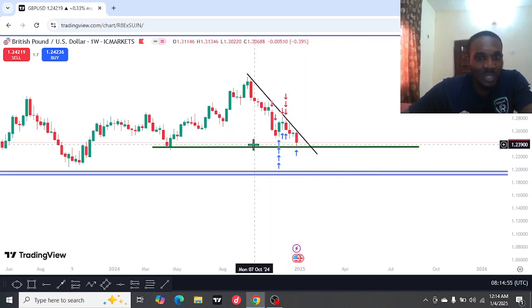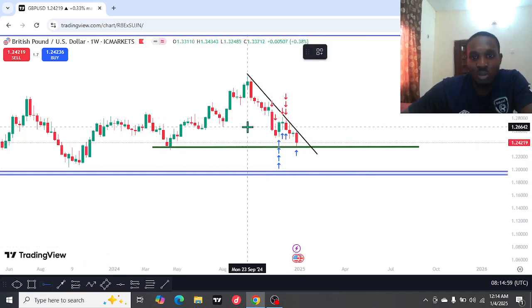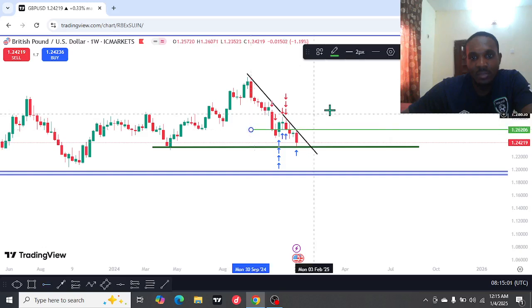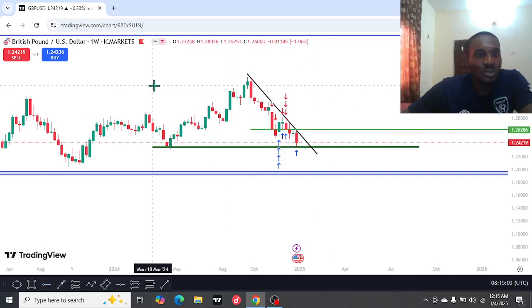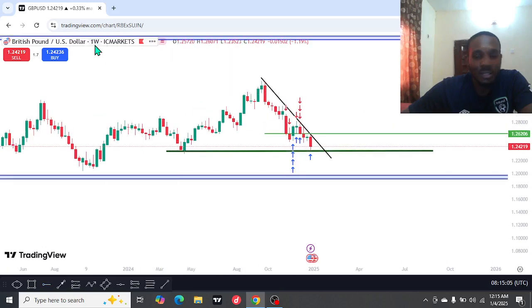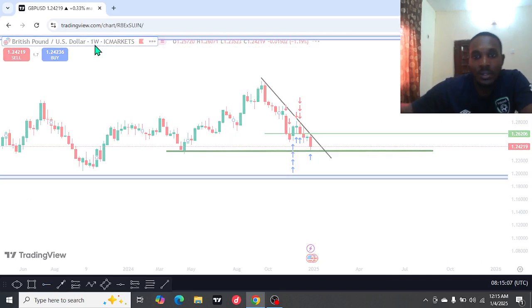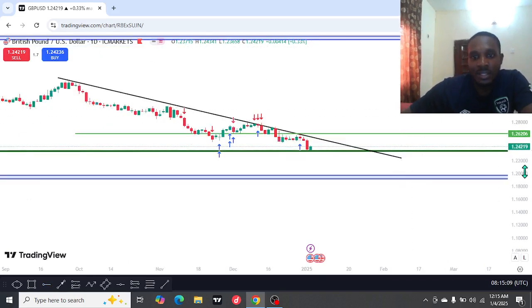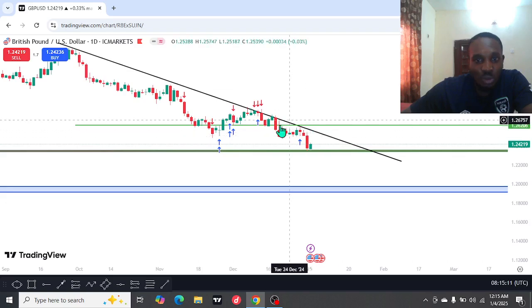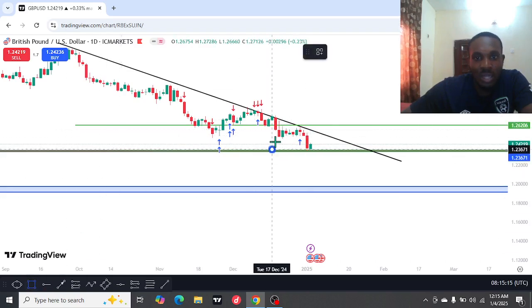Now I could make this a range for me, like a minor support and resistance here. Then if I go to the daily time frame, like I said, this is going to be a range. I'll just have to line it up nice and neat.